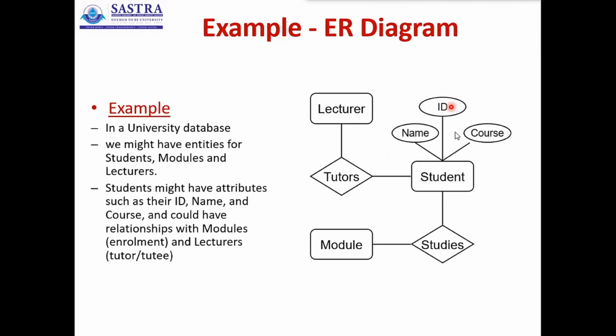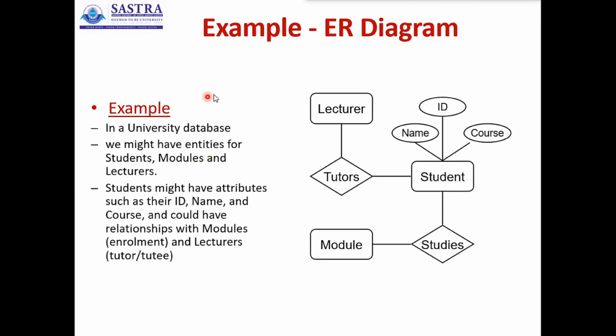Now this is a simple example of an ER diagram. Suppose you want to create a database design for a university database. What are the various modules with respect to your university database? You need to identify the various components.